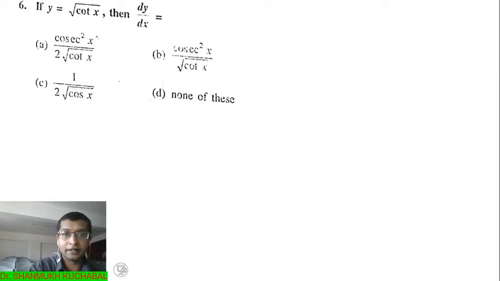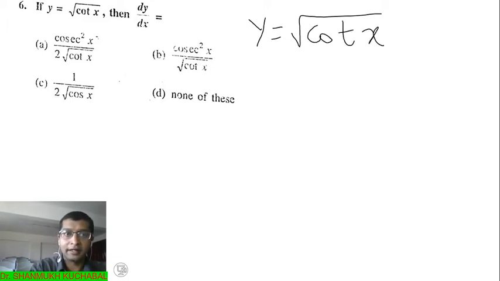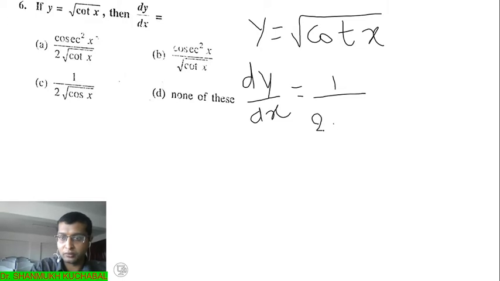It is given that y equal to root of cot x. Then we have to find dy by dx. We have to differentiate y. We get dy by dx. The differentiation of root of cot x is 1 by 2 root cot x.